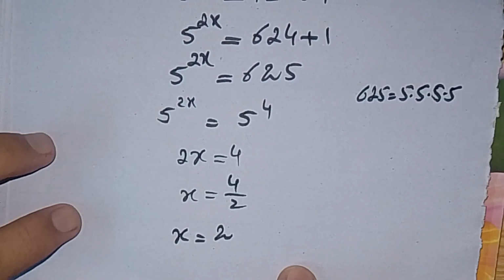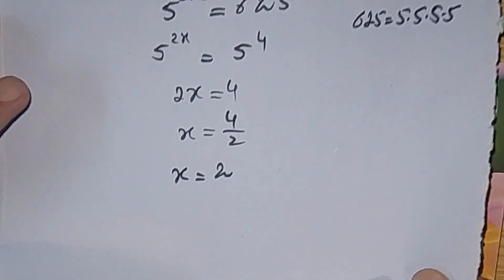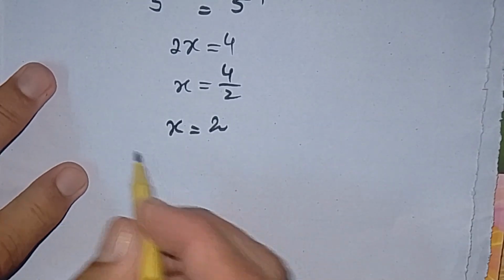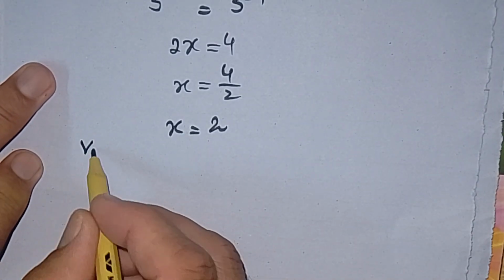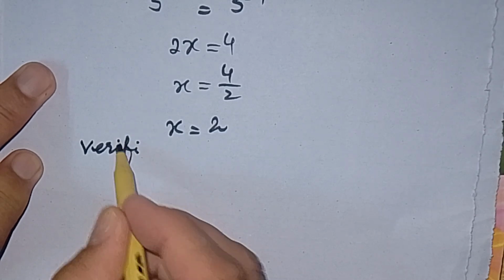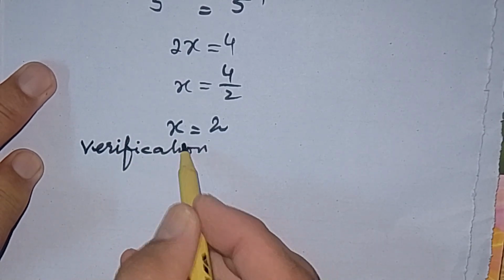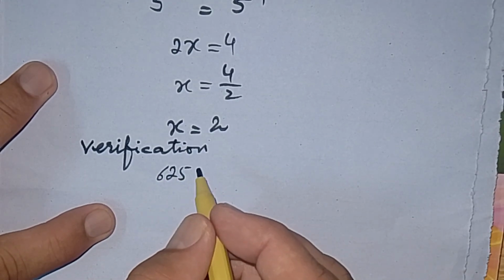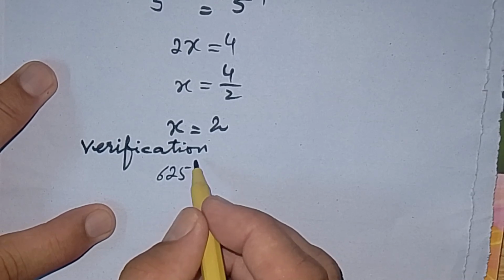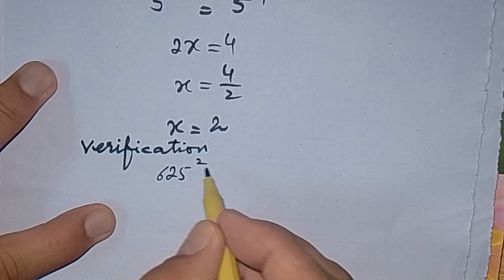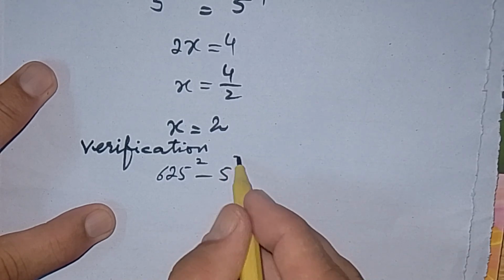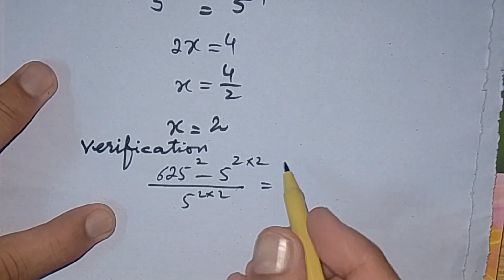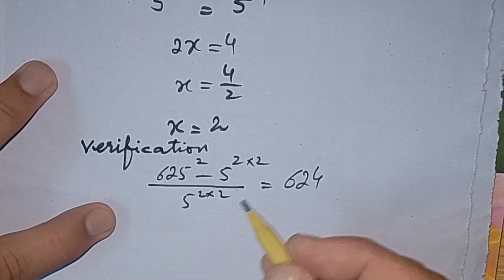Now verification. 625 squared minus 5 raised to the power 2 into 2 over 5 raised to the power 2 into 2 is equal to 624.